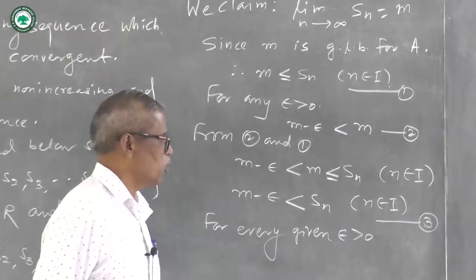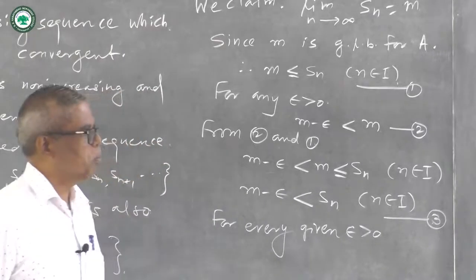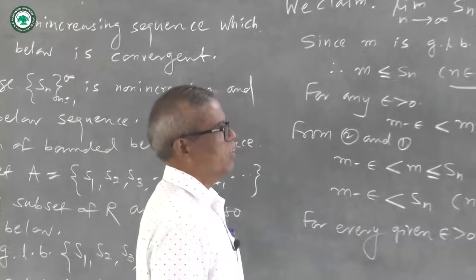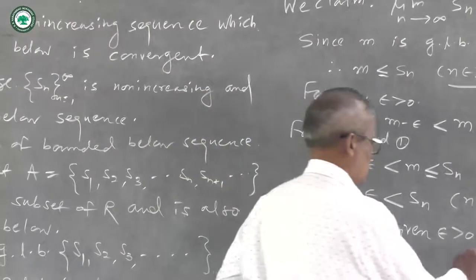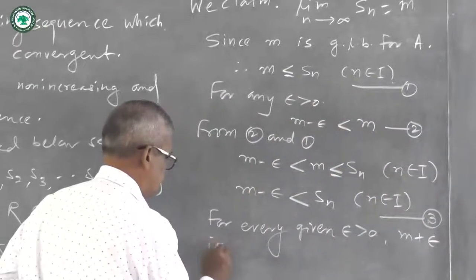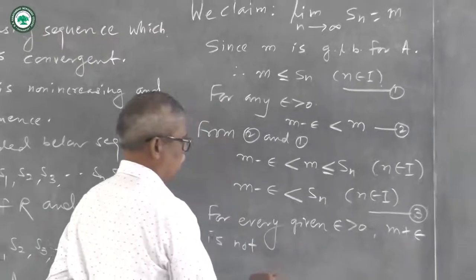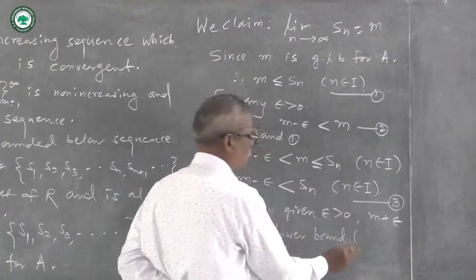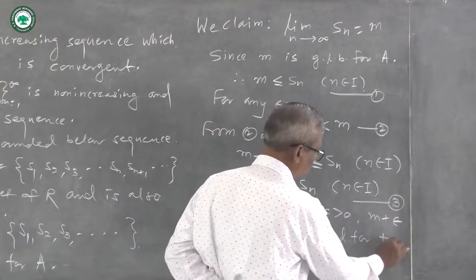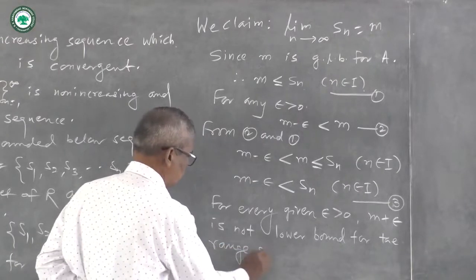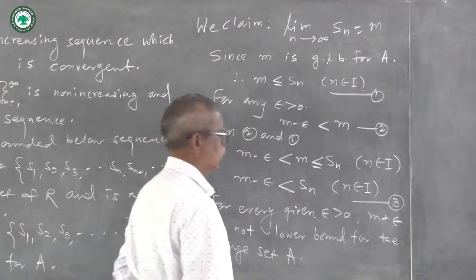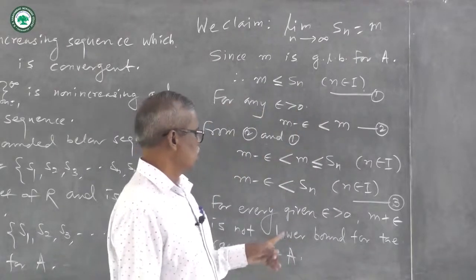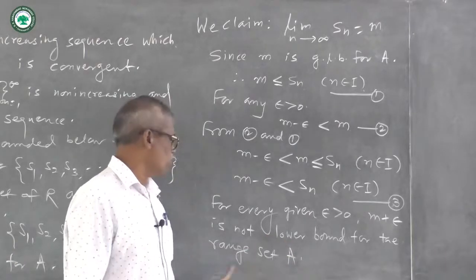M plus epsilon, for any epsilon greater than 0, is not a lower bound for the range set capital A. Since M is GLB, greatest lower bound, M plus epsilon is not a lower bound for the set capital A.